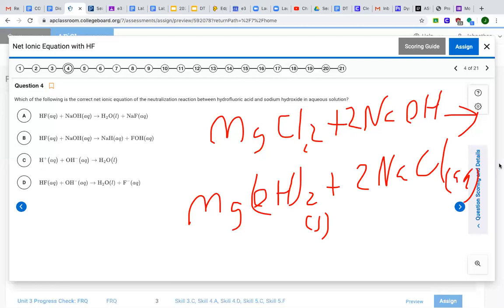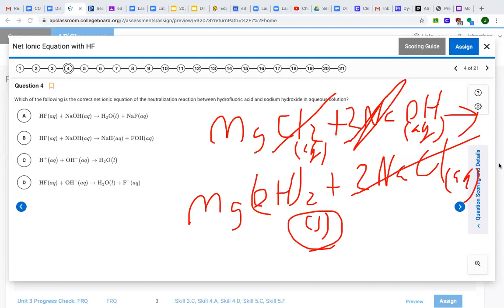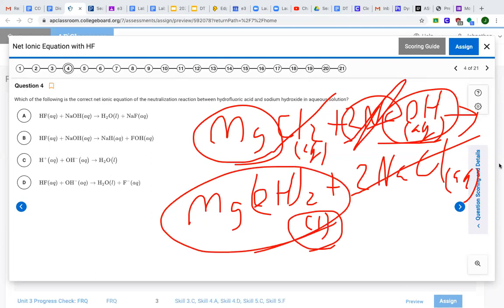If this precipitation reaction happens, then you want to get rid of the chlorine and the sodium on all sides, so that you can look at just the net reaction. So magnesium plus 2 hydroxide yields magnesium hydroxide. That would be a net ionic equation.